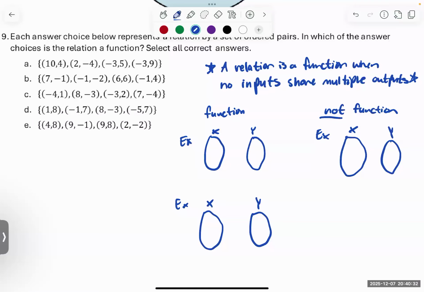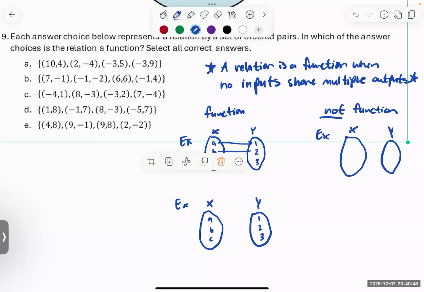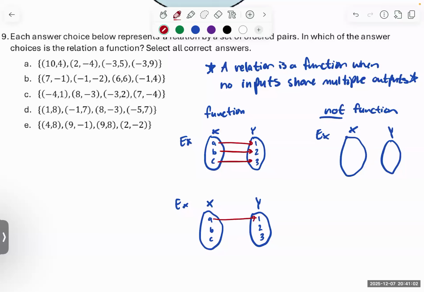So if I have A, B, C, and then 1, 2, 3, this is an example of a function. This can be a function.